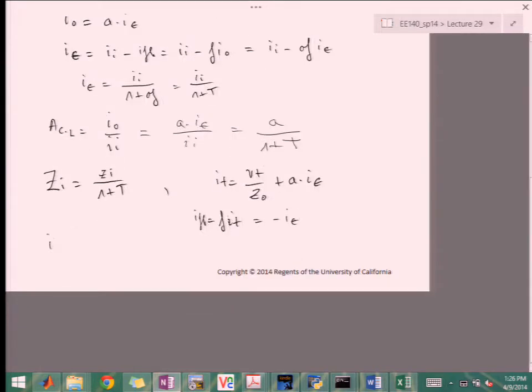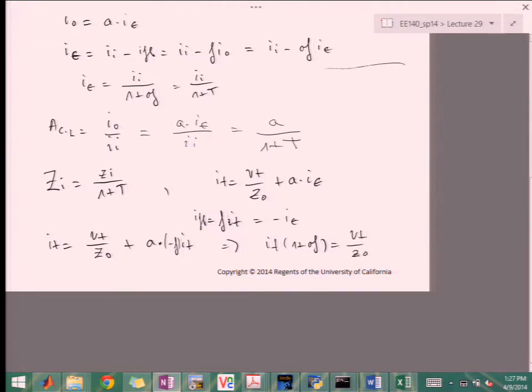So from there, you have that IT is VT over small z naught plus A times, and then I error is going to be minus FIT. All right, so from here, you have IT over 1 plus AF equals VT over Z naught.